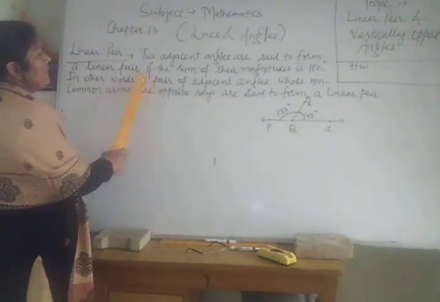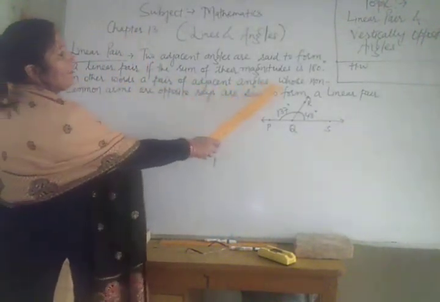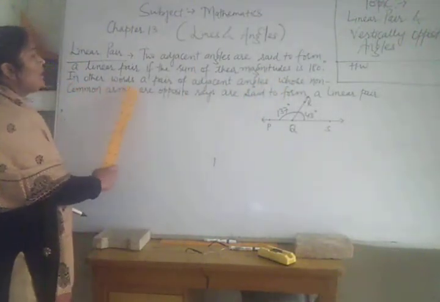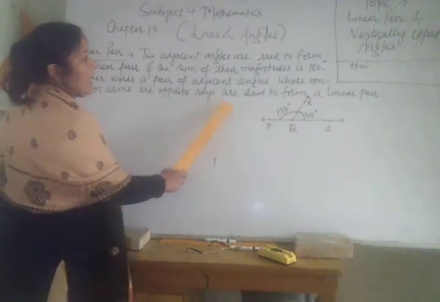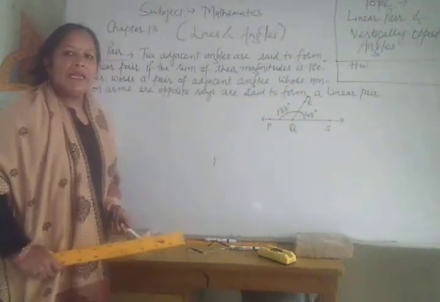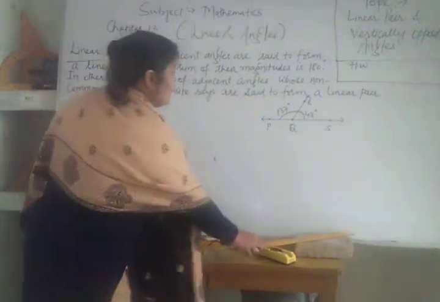In other words, a pair of adjacent angles whose non-common arms are opposite rays are said to form a linear pair.